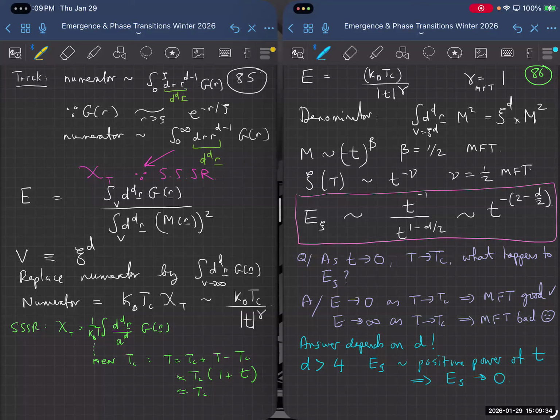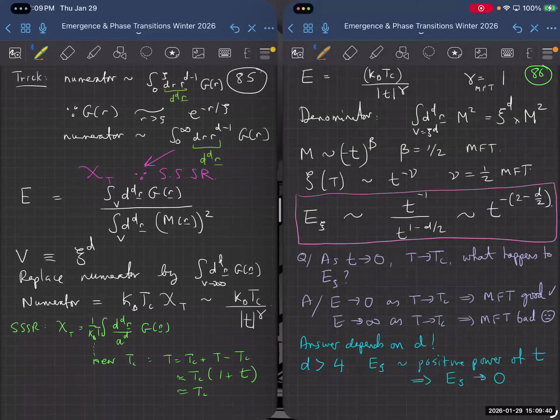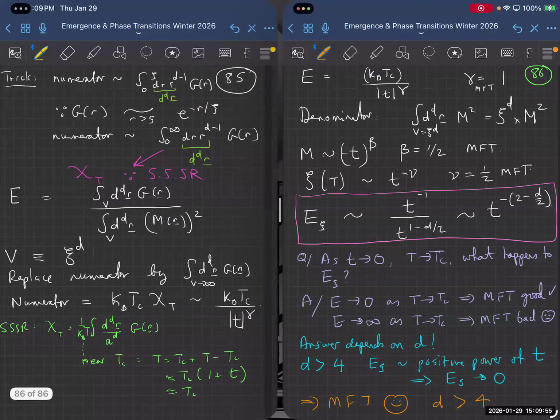And so that tells us then that for d greater than 4, mean field theory is good as long as d is greater than 4.